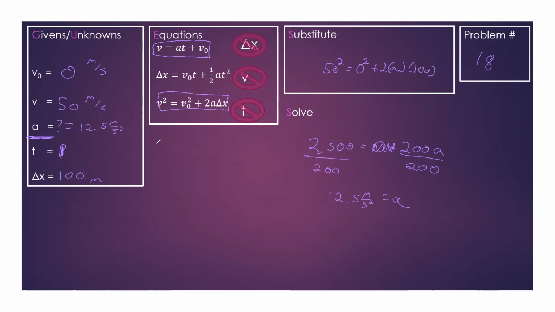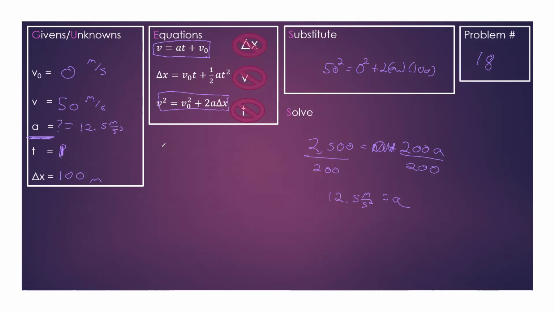If you do the second equation, that's 100 equals, actually you can do the second equation, that's fine. But if we didn't have an initial velocity, that would be a quadratic equation. We'll see that later on where sometimes you want to avoid the second equation to avoid the quadratic.